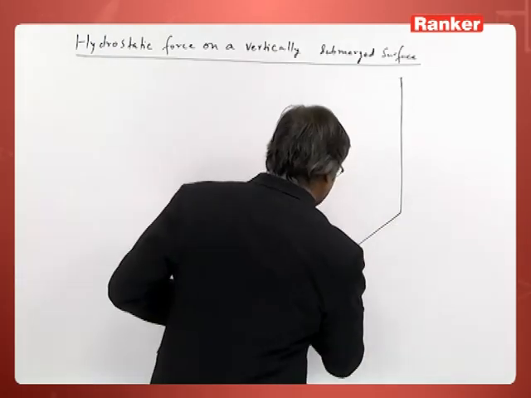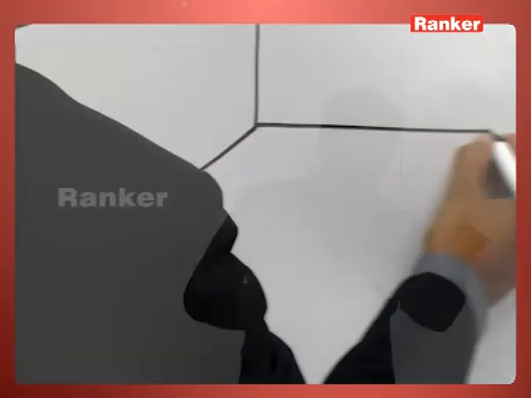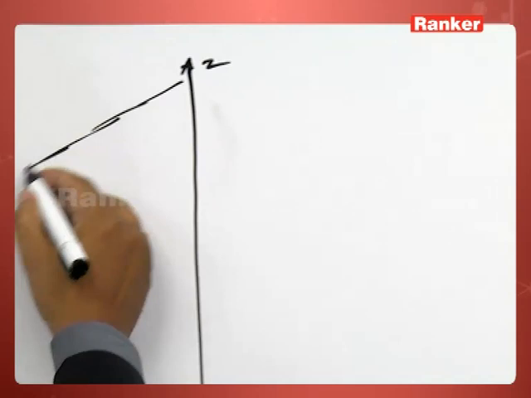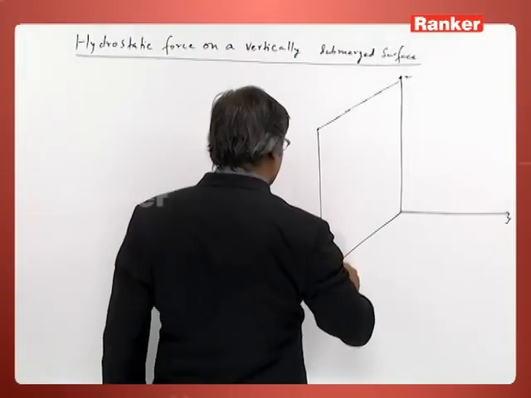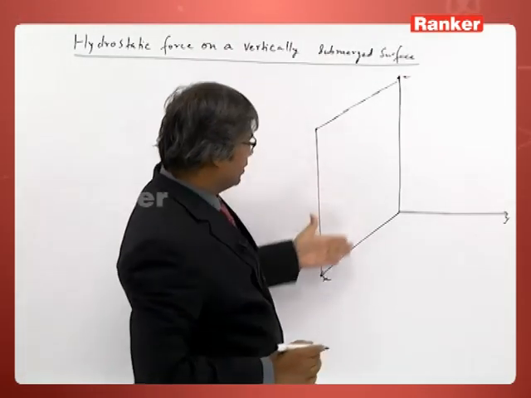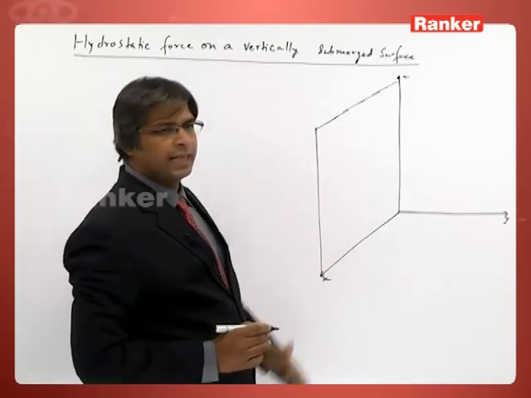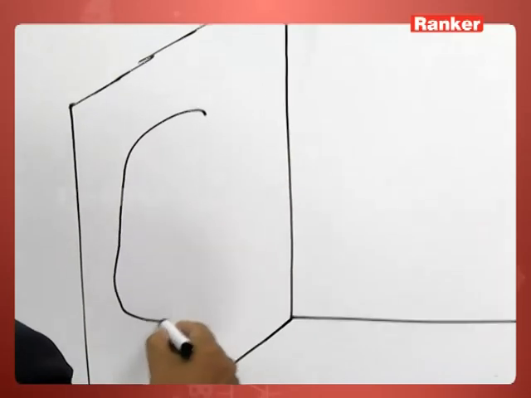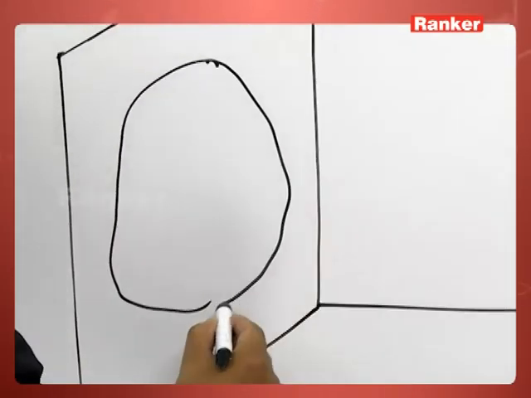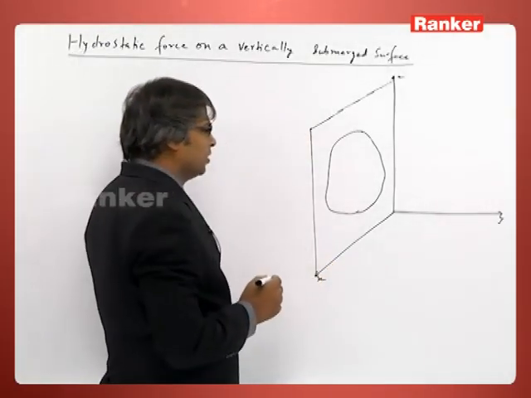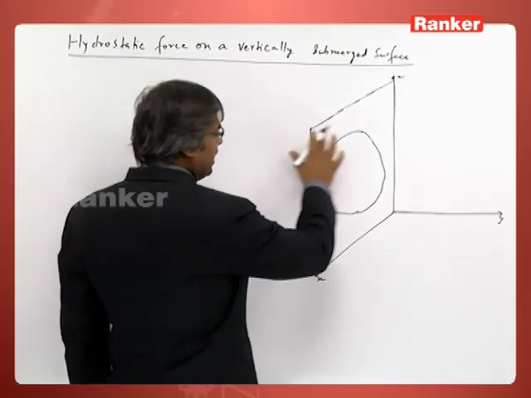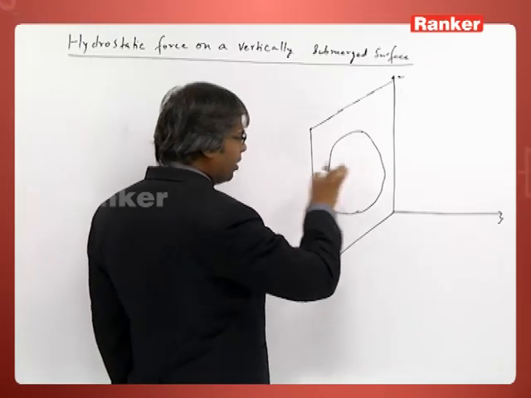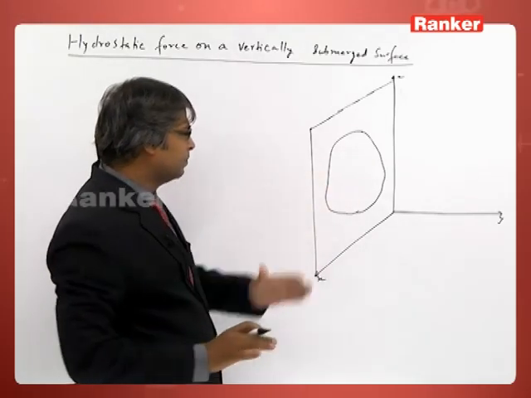So this is our x-axis, this is the y-axis and this is the z-axis, and you see we have a plane that is lying on the xz axis and we have an area like this. The fluid is here everywhere and the fluid is subjected to hydrostatic pressure from that side.